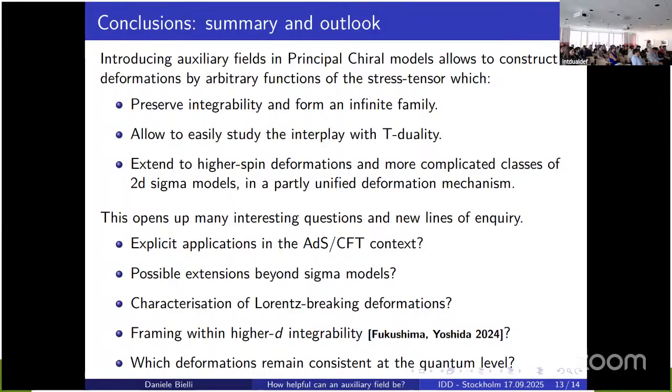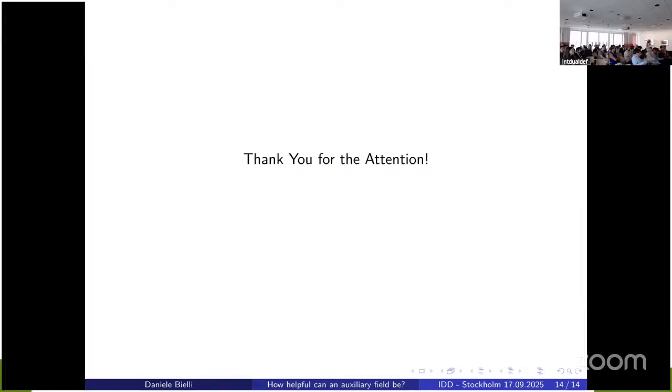Framing within the higher dimensional perspective seems to be also a very interesting and promising direction, which has been partially addressed by Fukushima and Yoshida last year in a paper in which they proposed a deformation of the four-dimensional Chern-Simons theory by auxiliary fields, which reduces in two dimensions to the auxiliary field principal chiral model. And of course, the quantum level question remains, understanding which interaction function would remain consistent. Okay.